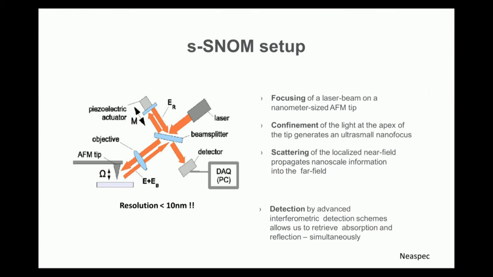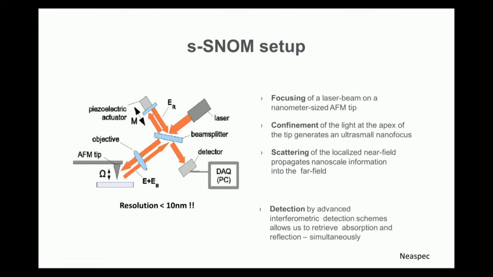But you can see that 50% of the light goes through and hits the tip, and then the tip rescatters the light back, and that comes back through and interferes with your other 50%. So your detector is getting 50% from this and 50% from this light, and then we'll do Fourier transformation.